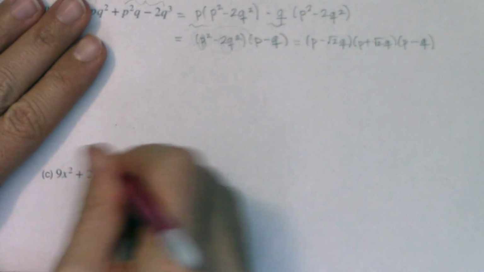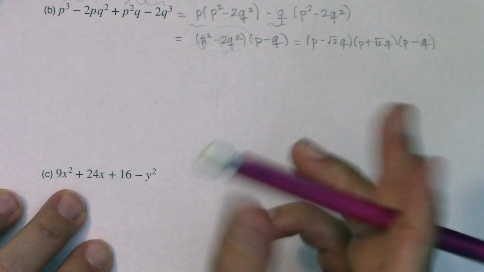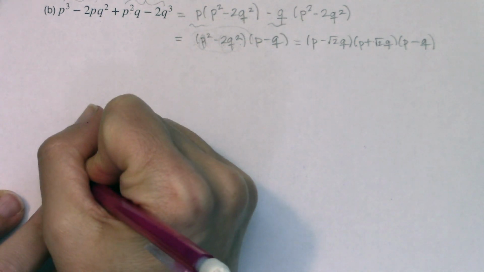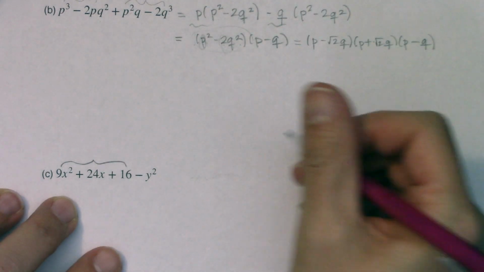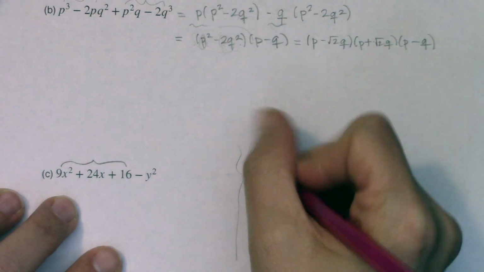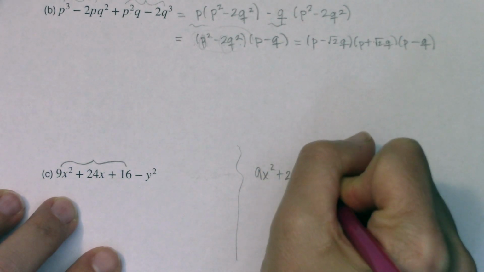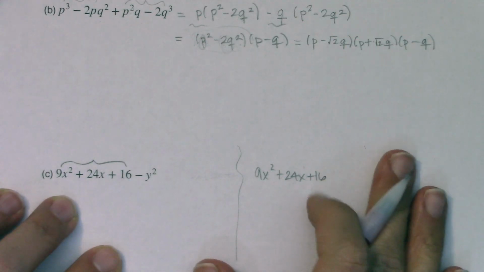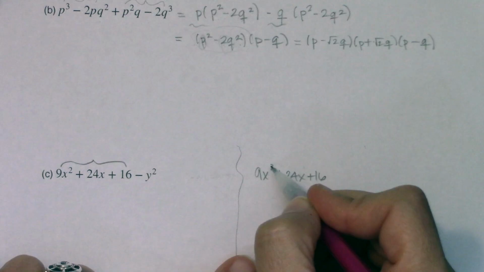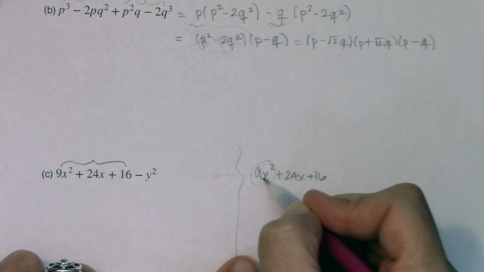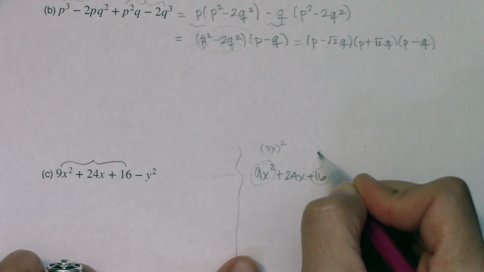All right, so what's really funky about this one, and this is going to come with a lot of practice, is this is the first time you're seeing something like this. These 3 together are a perfect square trinomial. So I'm going to put a little space here and talk about just 9x squared plus 24x plus 16. I see 9x squared and I think, well, that's 3x squared, and 16 is 4 squared.